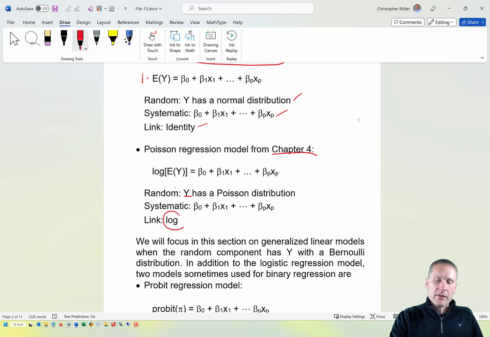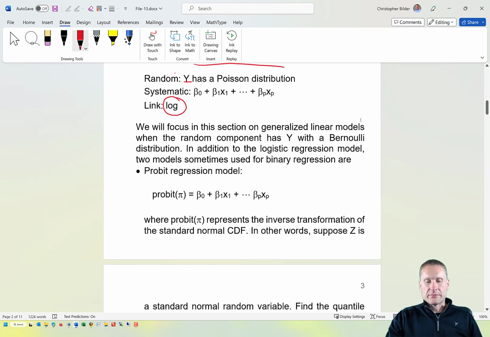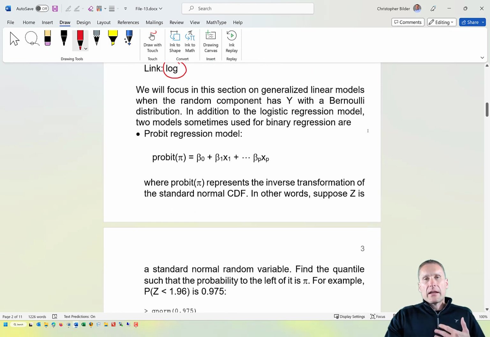And then the link here is the log link function. Simply take the natural log of the expected value of y and connect it with the systematic component, the linear predictor part. Now, in chapter 2, we are concentrating on binary regression models, where most of this time we've been talking about one particular type of binary regression model, a logistic regression model.